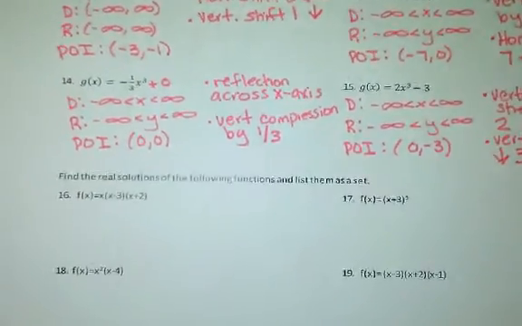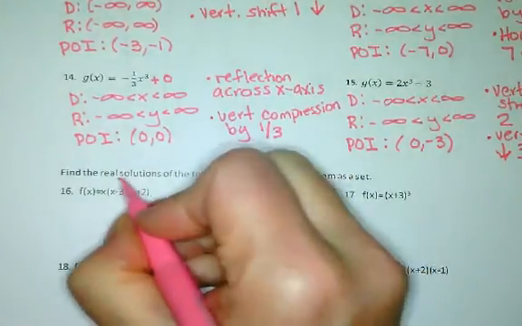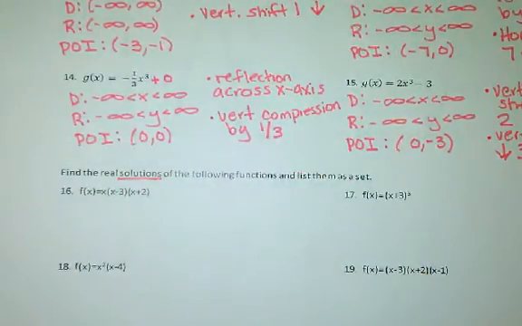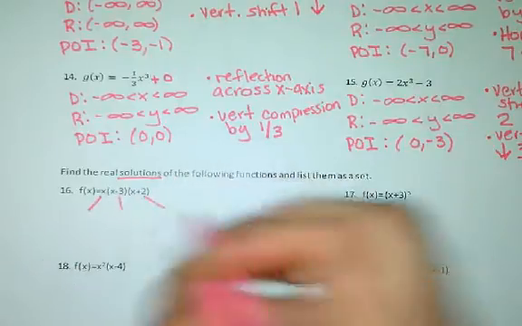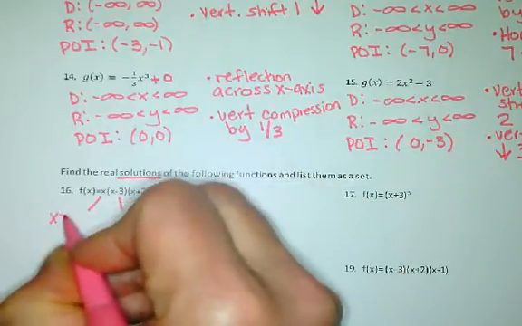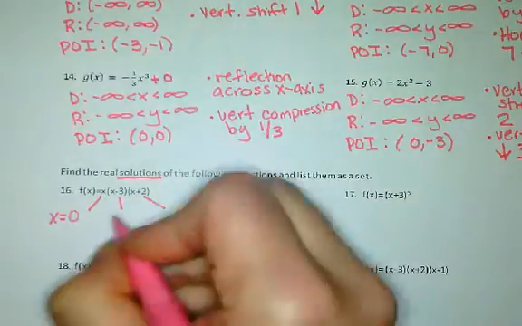Okay, on the next one, it says find the real solution. So remember, your solutions are just your zeros or your x-intercepts. So really what I'm looking for here is where each of these cross the x-axis. Now you can always look at these on your calculator, but sometimes it's easier just to look at the parentheses. So basically what I'm going to do here is set each of these equal to 0. For instance, this one's already done for you, x equals 0.